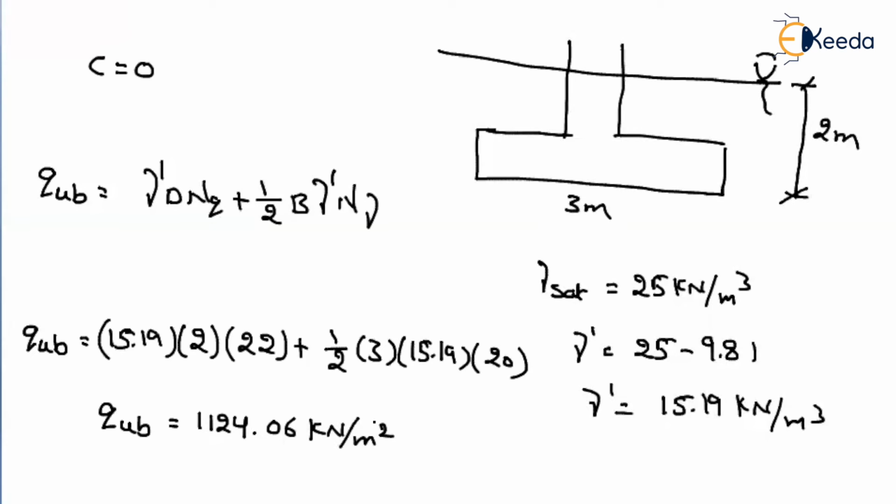Here our motive is not to find the ultimate bearing capacity, our motive is to find the factor of safety. If you remember, factor of safety is always applicable for the net value, not for the gross value.